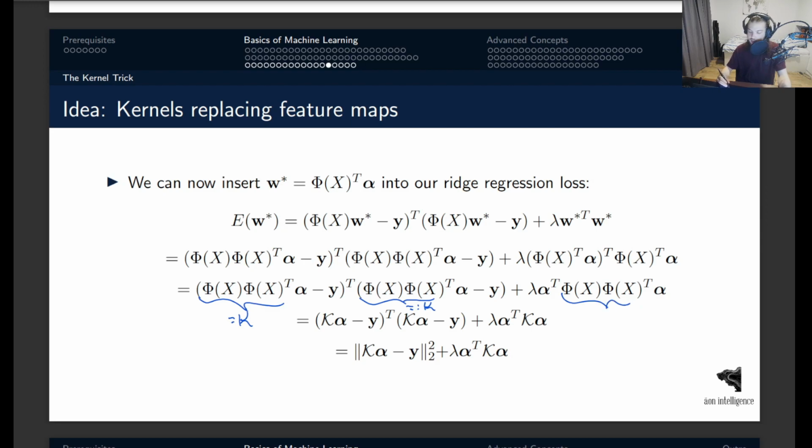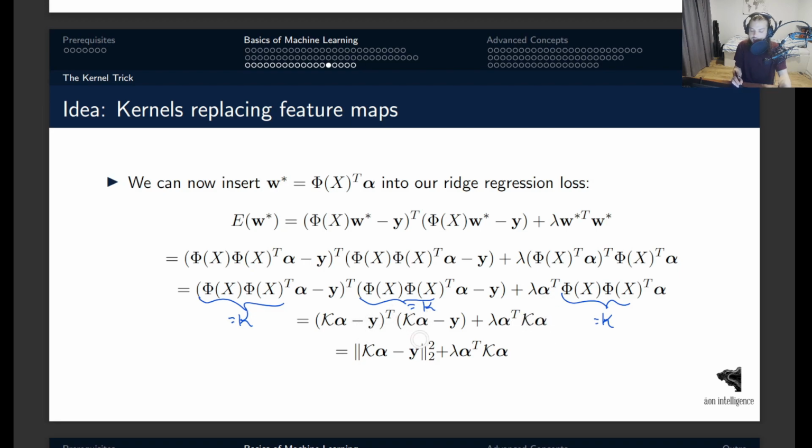And here we also see that we have a kernel matrix. So we can rewrite this expression as follows: K alpha minus y transposed, times K alpha minus y, plus lambda times alpha transpose K alpha.